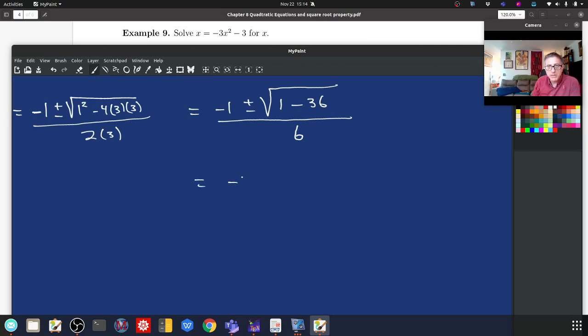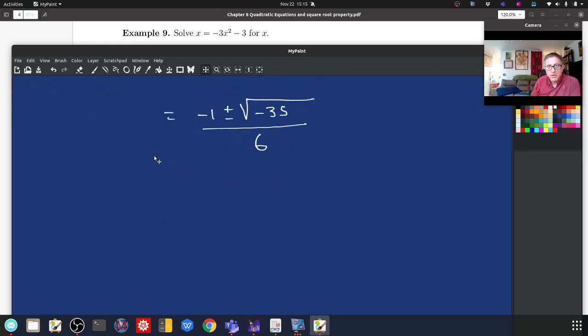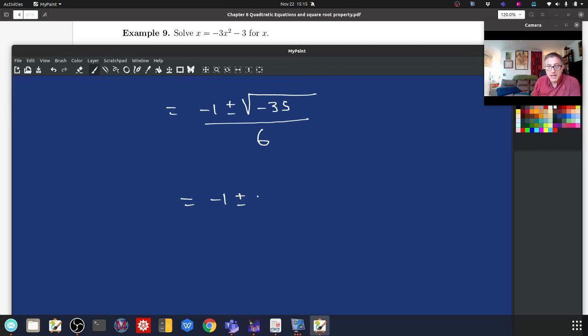So that's minus 1 plus or minus the square root of minus 35 over 6. But remember, our solutions in this case are going to be complex. So that's equal to plus or minus i times the square root of 35, all over 6.